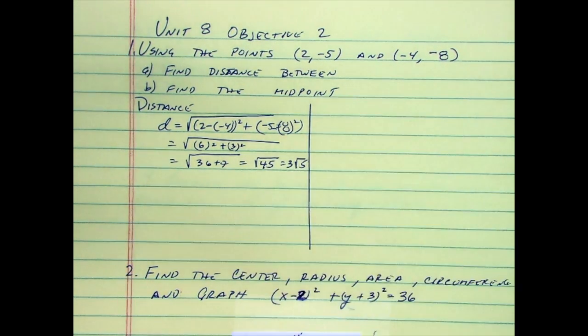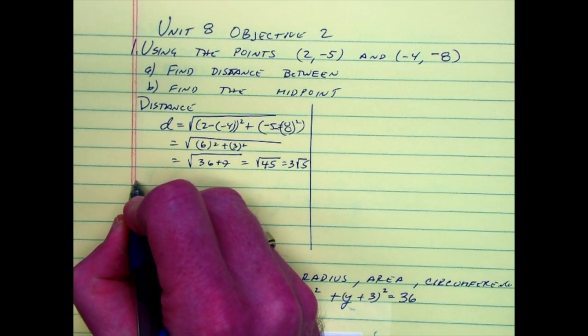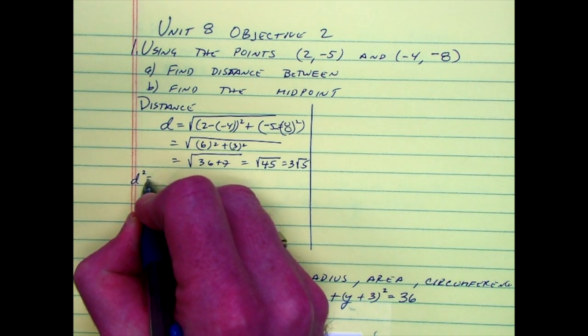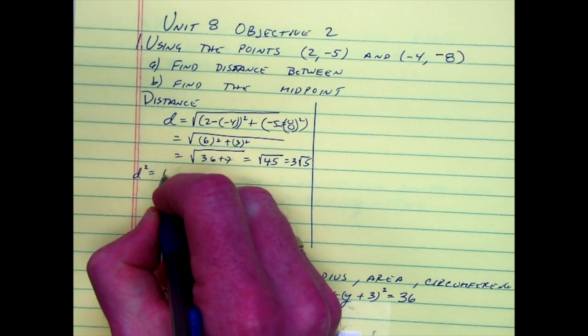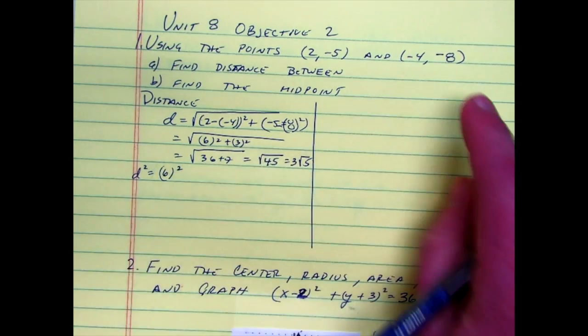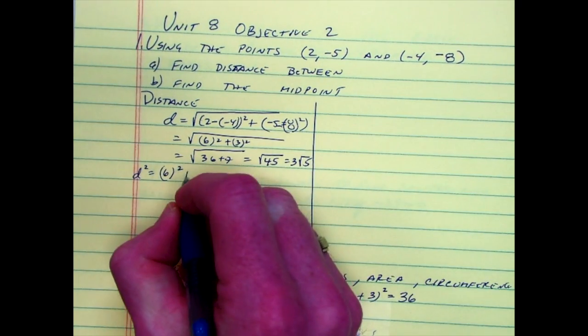Okay. The other way I'm going to show you is the way I prefer to do it, the Pythagorean method, which is really where the distance formula is from. I'm going to say the distance squared is, I look at these two values and realize they're 6 units apart, and I square it. Negative 5 and negative 8 are 3 units apart on the number line.